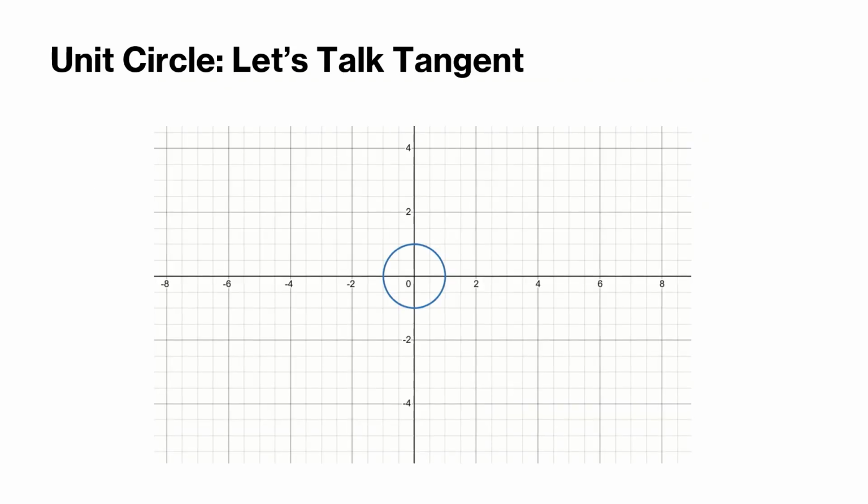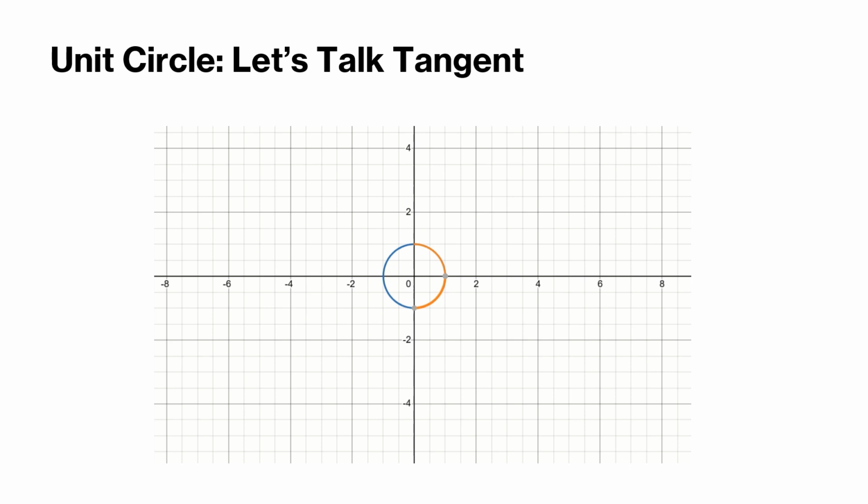When we want to make the tangent function one-to-one, a couple of things we're going to need to consider: it's going to be defined everywhere that sine is one-to-one, because that's the numerator. Tangent is sine over cosine. So that means we're going to look at quadrant 1 and quadrant 4, otherwise known as negative pi over 2 to pi over 2.